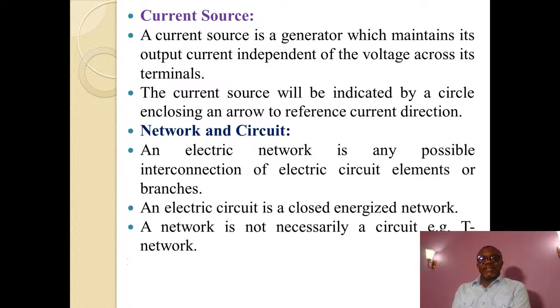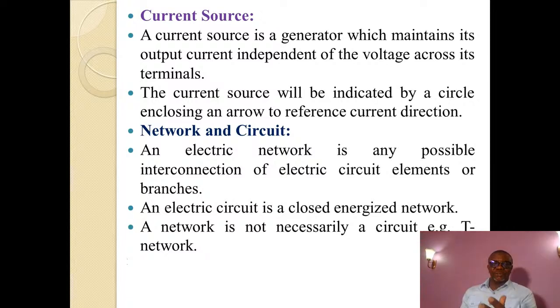Now, network and circuit. An electric network is any possible interconnection of electric circuit elements or branches. An electric circuit is a closed energized network, and a network is not necessarily a circuit. Very important.